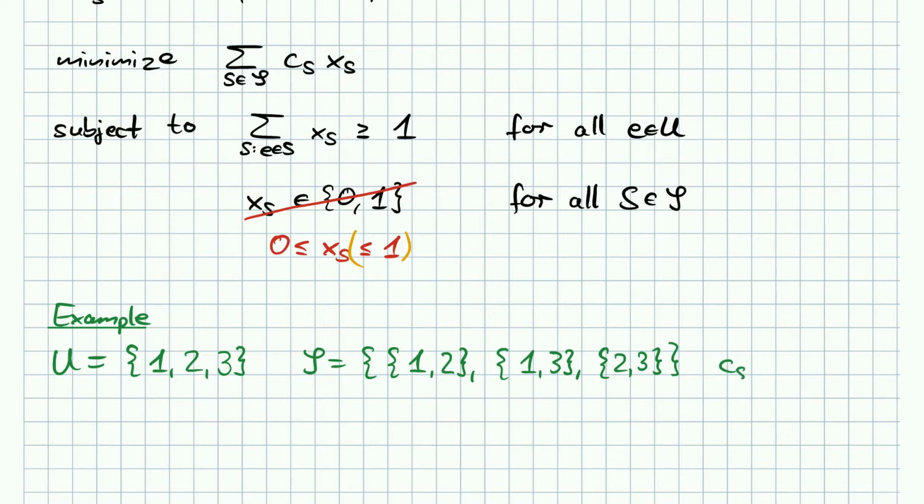And the cost of each of these sets is 1. What would be the optimal integral solution? What would be the optimal set cover solution? Well, we'll have to definitely take 2 of these sets. So the optimal integral solution has cost 2.